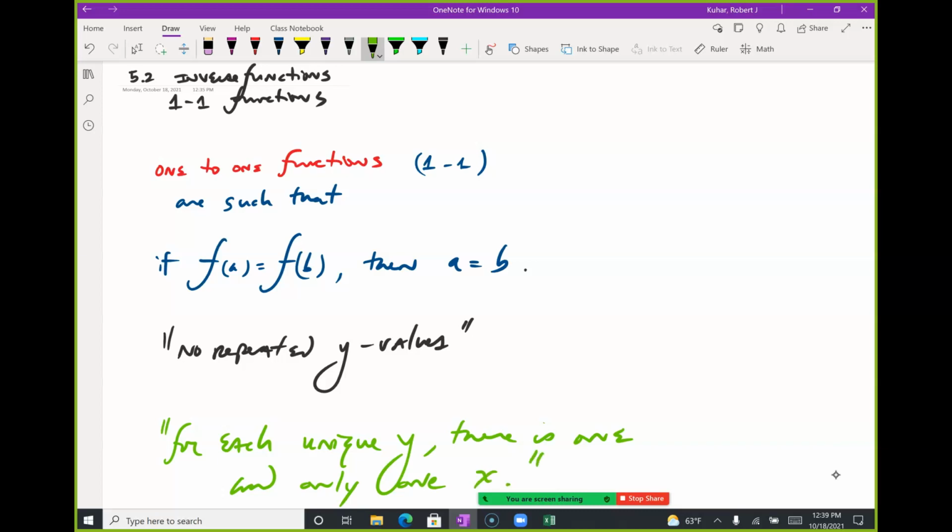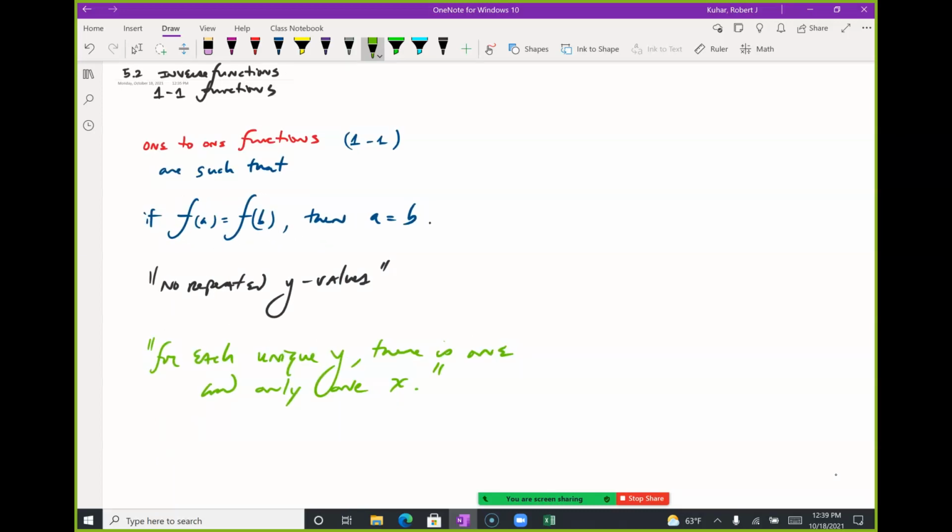Where have we heard that language before? At the beginning of when we started doing functions. Exactly. This is our definition of functions, but the x's and y's are switched, and that's the super key. Domains and ranges are switched. Inputs and outputs switch.